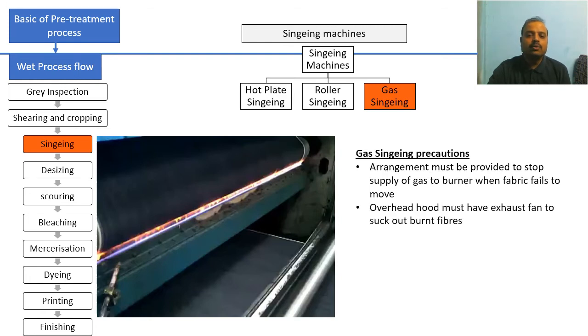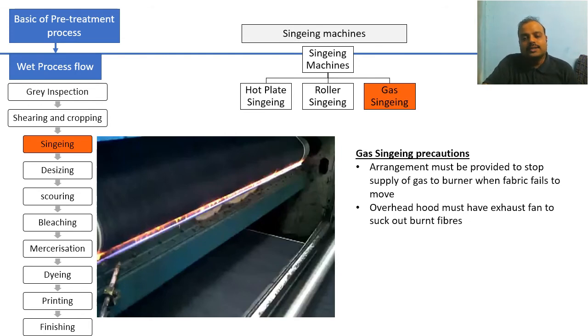The overhead hood must have an exhaust fan to suck out all the burnt fibers, right? It must have a hood equipped with an exhaust fan. Why do we need an exhaust fan?